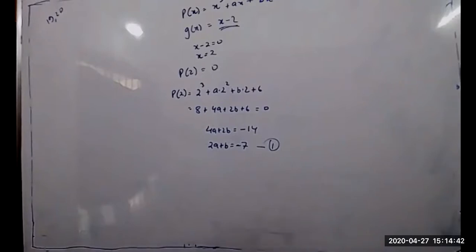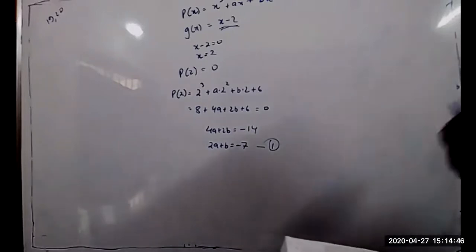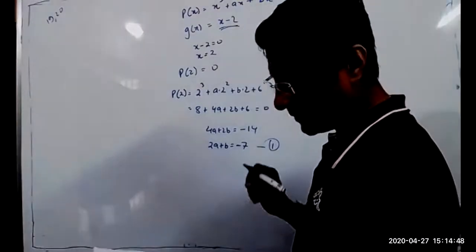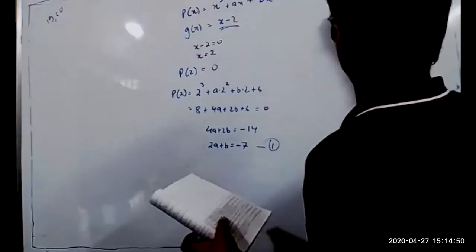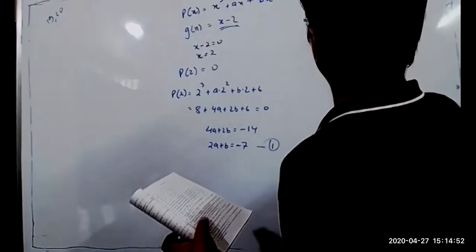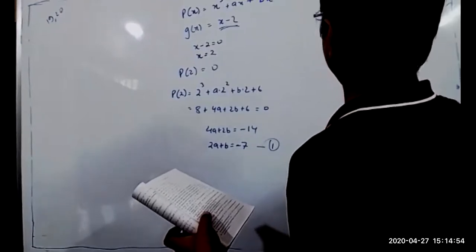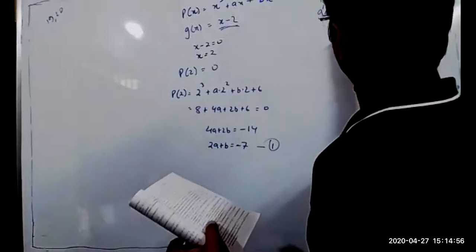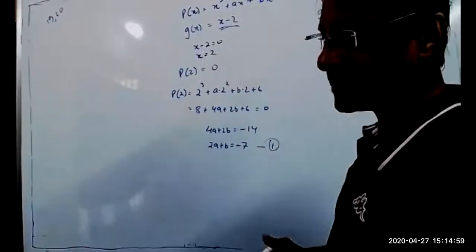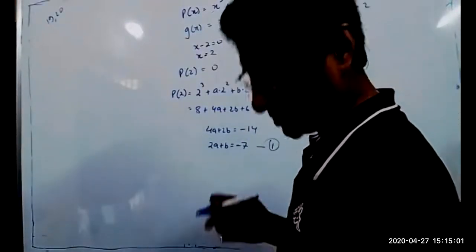Now it tells us that the remainder is 3 when it is divided by x minus 3. So let's suppose g dash x is x minus 3. When you divide by g dash x, the remainder is 3.